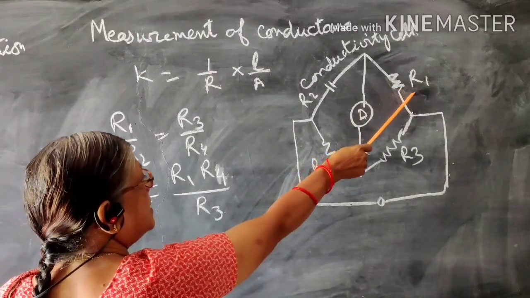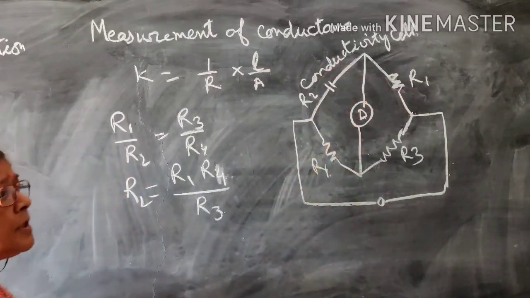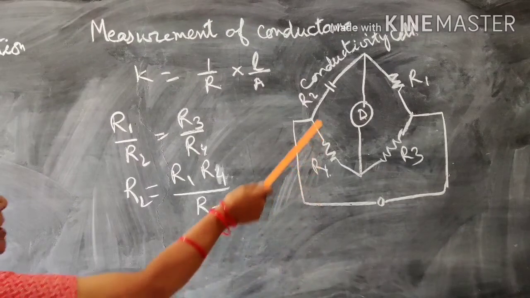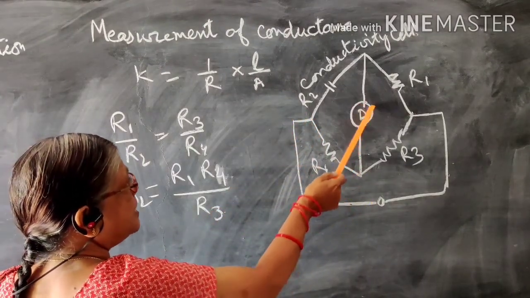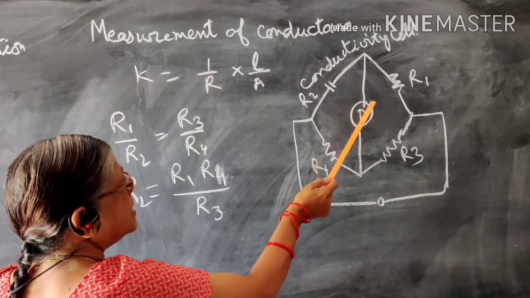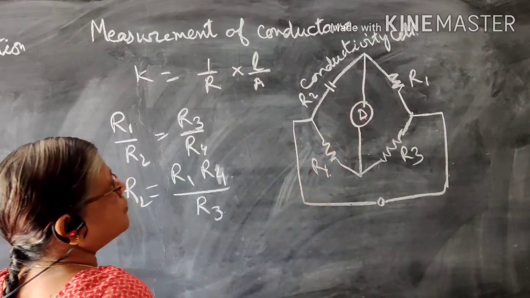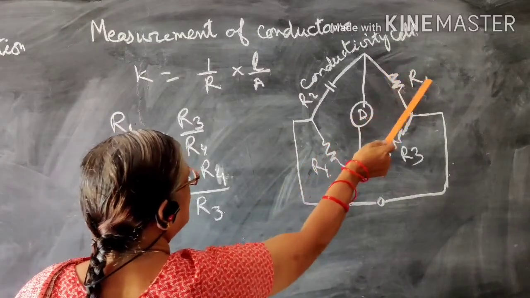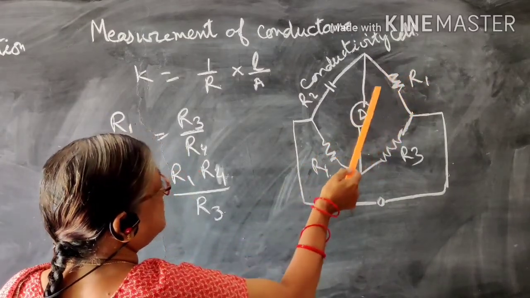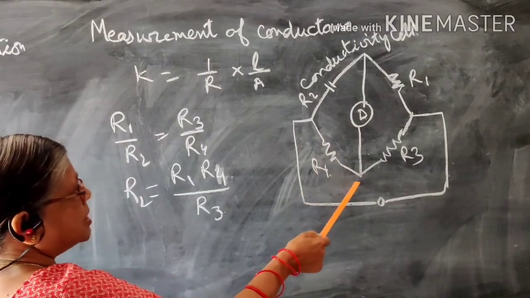R1 is the variable resistance and R2 is the conductivity cell. We arrange them in this way, and this is a detector. Using the variable resistance R1, we will see whether the current is flowing in the circuit or not.